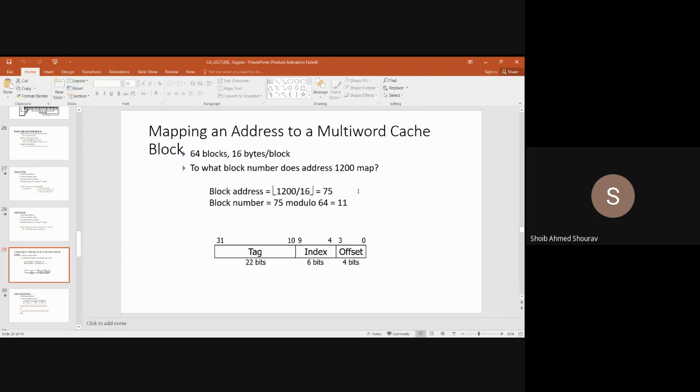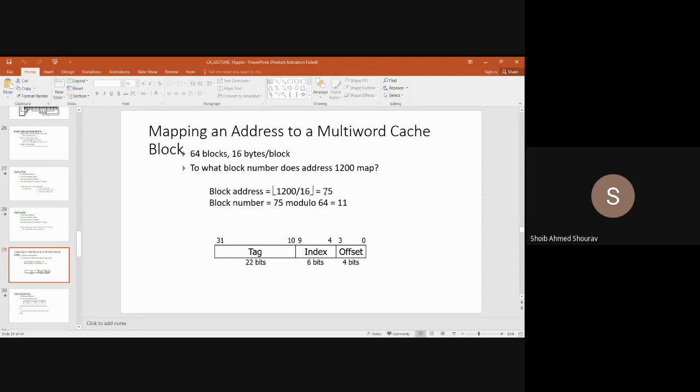First step is the block address, which is the byte address divided by the number of bytes per block. If the question gives 64 blocks in the cache and 4 words per block, that would be 16 bytes per block. Because this is a byte address, we divide it by bytes per block to get the block address number.